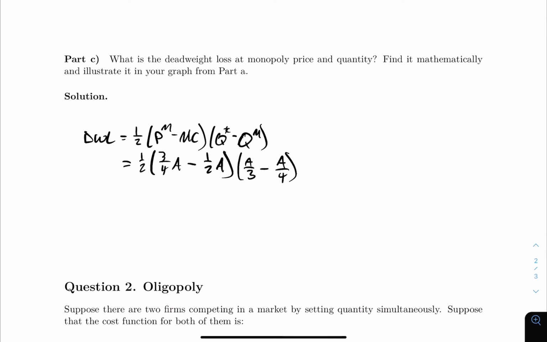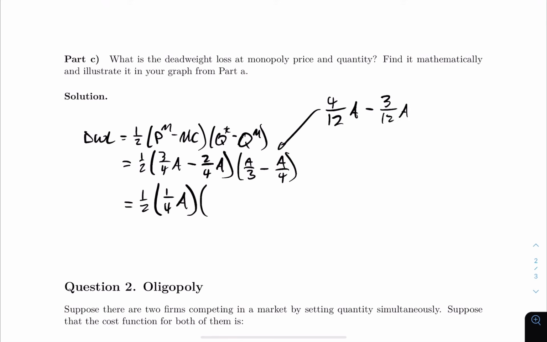And then we just simplify this. We have 3/4 minus 1/2, and we could rewrite the 1/2 as 2/4 to make this cleaner. That leaves us with 1/4a. And then here, this is a little bit more involved, but let's put an arrow to it and expand. We have 1/3, which is 4/12 a, minus 3/12 a.